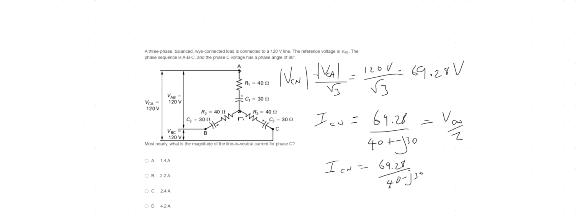Complex is 40. Where's the J? 40 minus 30.